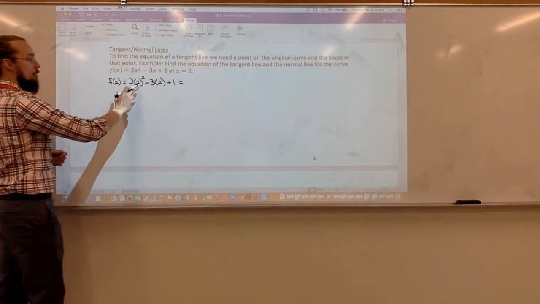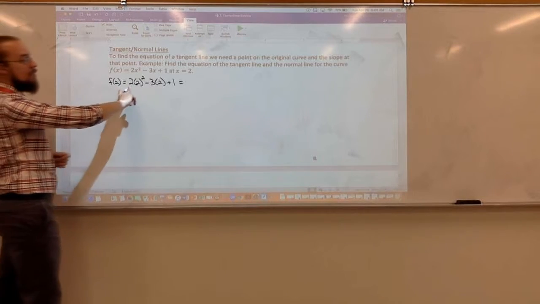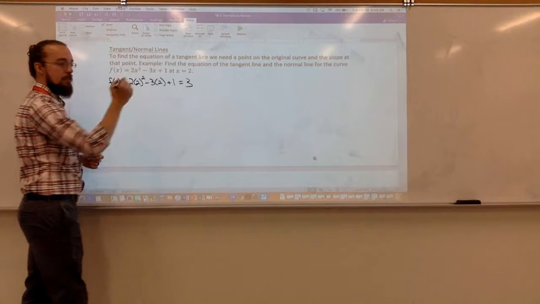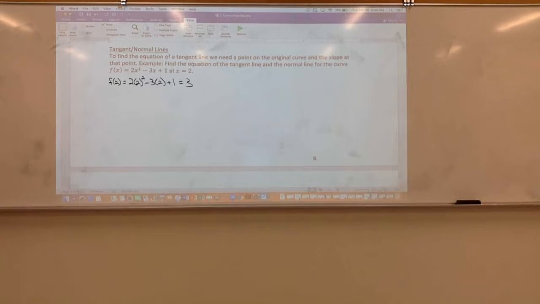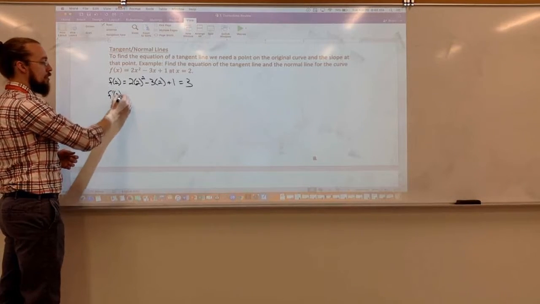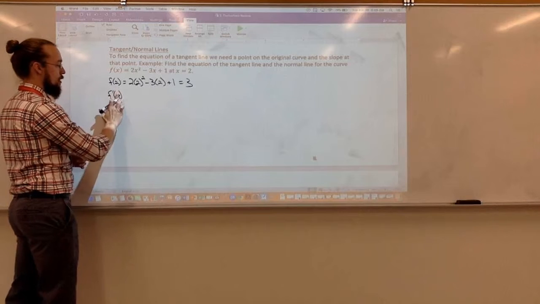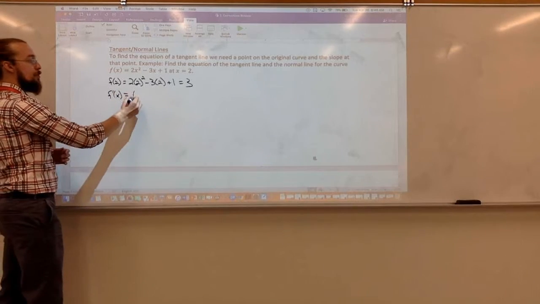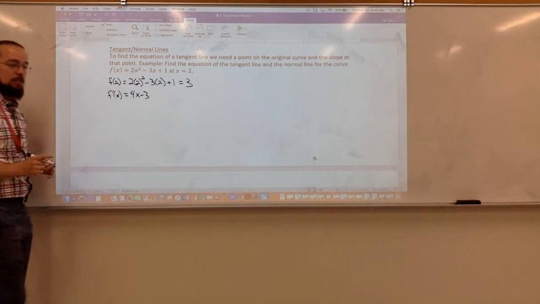So what is that? 4, 8, minus 6 is 2, plus 1 is 3. So my coordinate point is 2, 3. Now I need the slope at that point. To find the slope, I need the derivative. So f prime of x will just be 4x minus 3.